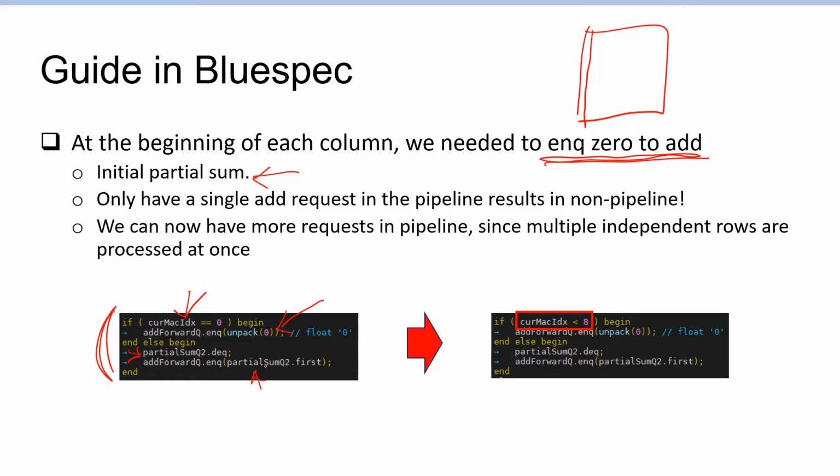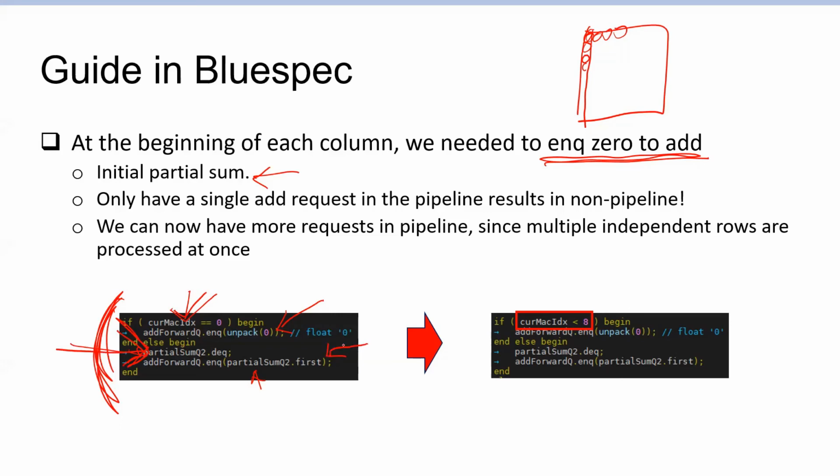But now, because we are processing multiple columns at once. When we had this original implementation, we only enqueued one request into the pipeline at the beginning. And this pretty much results in a non-pipeline because every time we have to wait for this code to be invoked, we have to have the previous results ready.